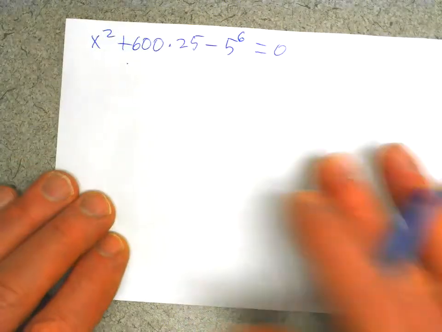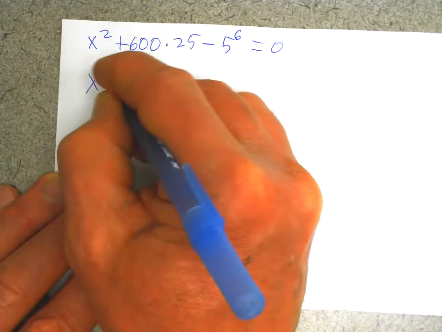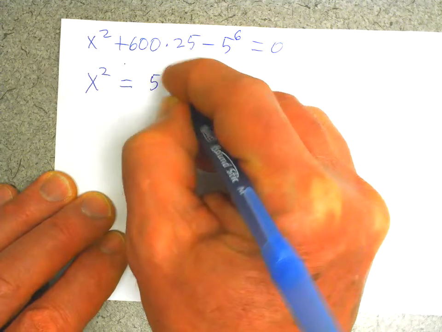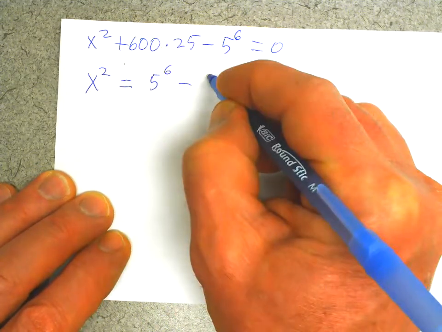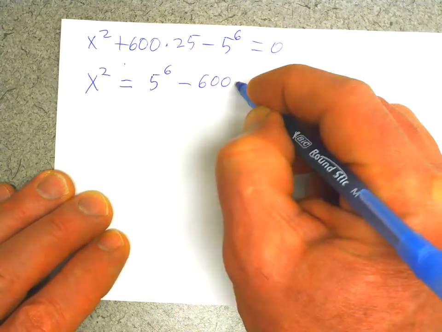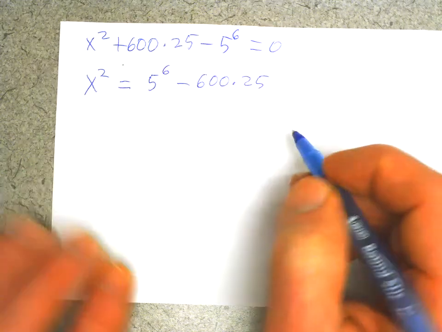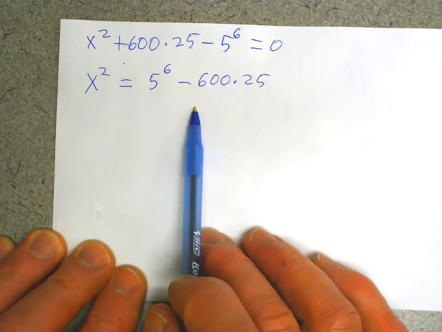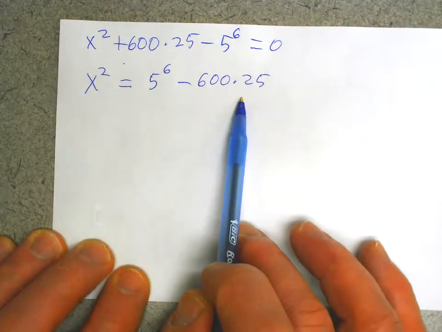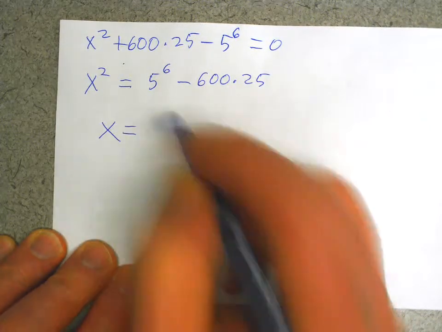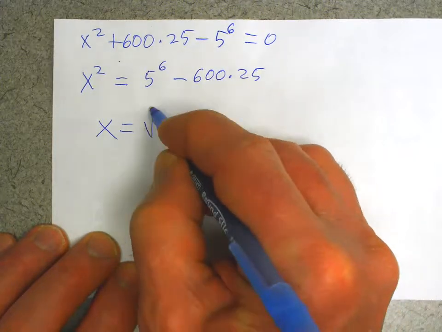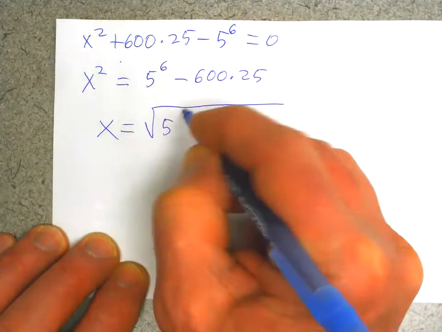We'll just put all of the numbers on one side. So I'll write 5 to the 6th and then minus 600 times 25. And you can use a high-powered calculator to simplify that to an actual number. And then x, you want the positive solution, so just pick x to be the square root of that number, whatever that number is.